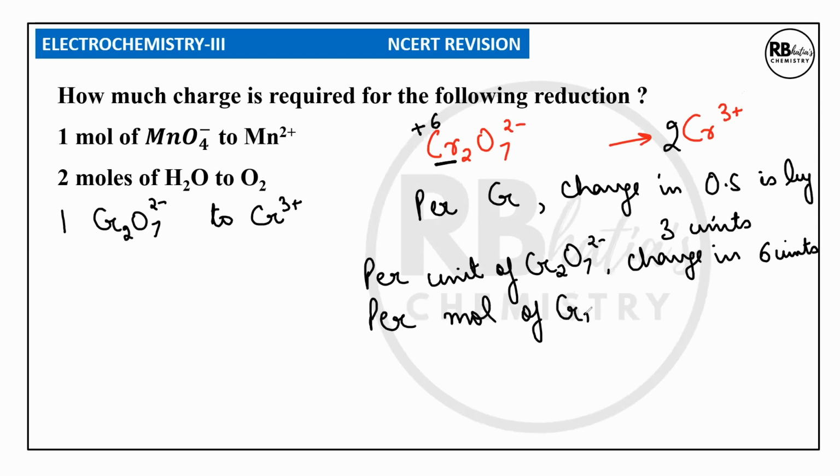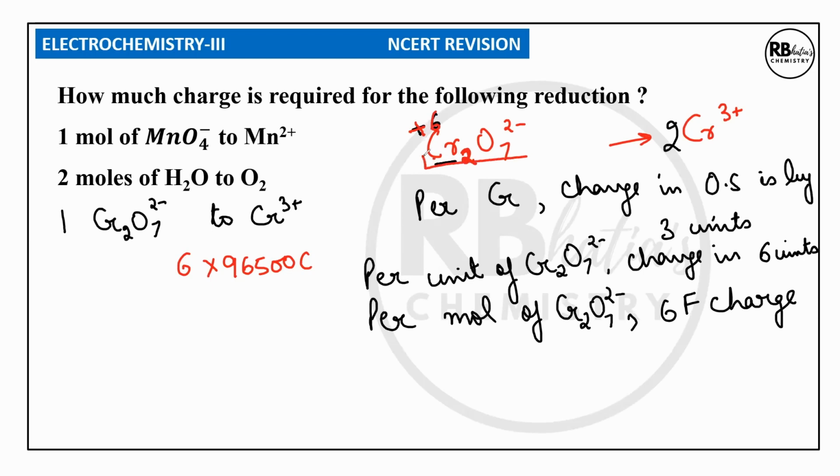Okay. So per mole of dichromate ion, what will be needed? 6 Faraday charge, means 6 moles of electrons, 6 Faraday charge is required. Or what answer will we quote if we are asked in coulombs? 6 into 96500 coulomb. So the common mistake that you children tend to make is not considering this 2. So remember, oxidation state is plus 6 for each chromium.